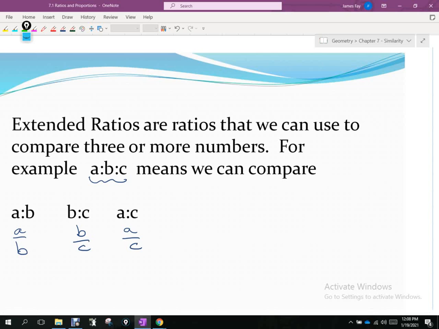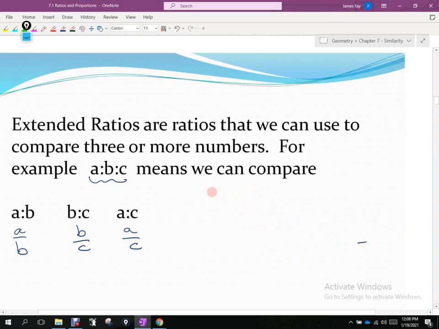Like it took A B plus B C plus A C. I think you're thinking about the transitive property that said if A equals B and B equals C, then A equals C. Kinda. But we're not saying that these are all going to be the same. These could all be different fractions. It's just right now a notation thing.